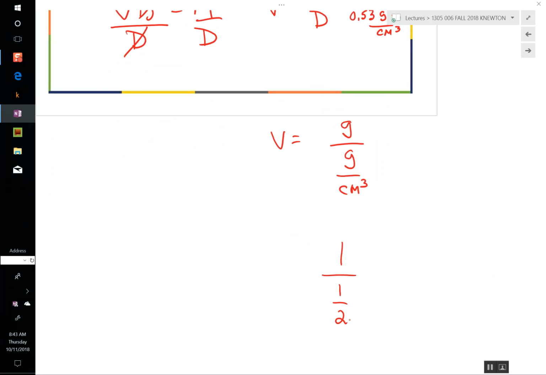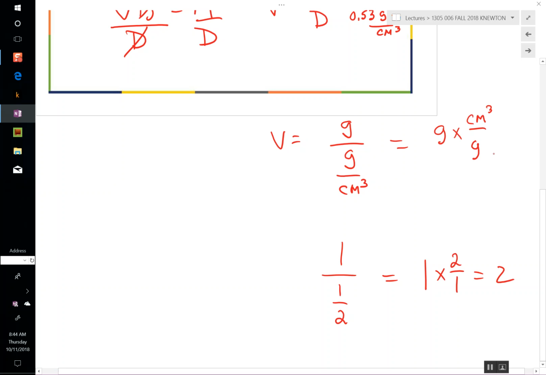What can I do with the 1/2? Can I invert and multiply? This is equal to 1 times 2 over 1, right? Which is 2. Well, this is going to be equal to grams times cubic centimeters per gram. I'm inverting that fraction. This is a fraction. I'm going to invert it and multiply, and grams cross out.